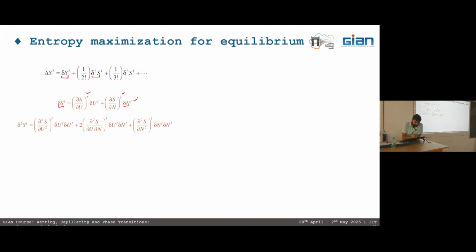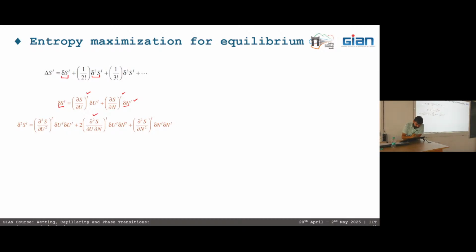Similarly, we can write delta square S1 as del 2S by del U square for subsystem 1 times delta U1 whole square, plus del 2S by del U del N times delta U1 times delta N1, plus del 2S by del N square of subsystem 1 times delta N1 whole square.